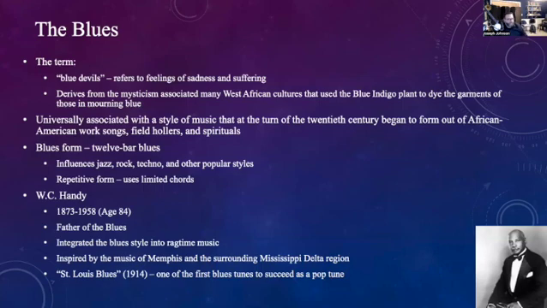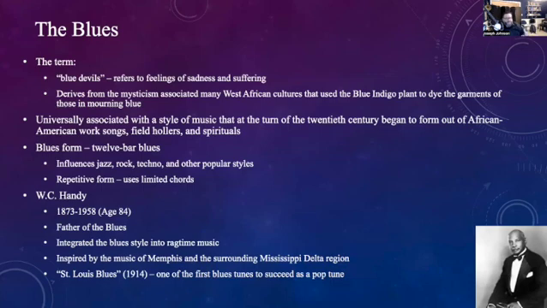It's from the blues. The textbook doesn't mention W.C. Handy. His picture's down at the bottom here. But he was the father of the blues, one of the first composers and performers of the blues. He took ragtime music and integrated this blues style.